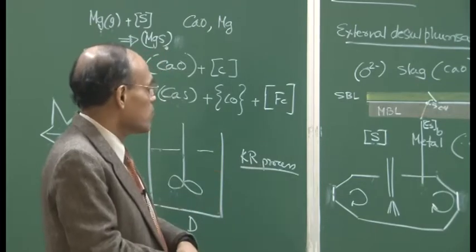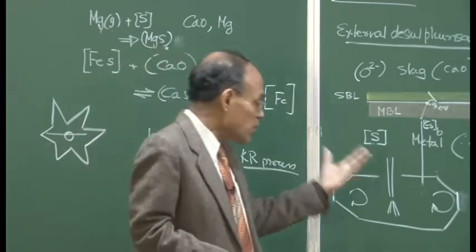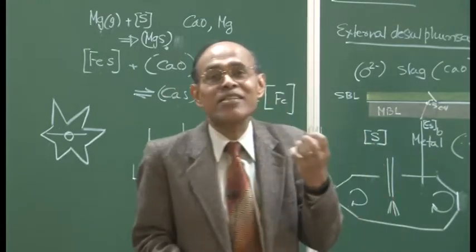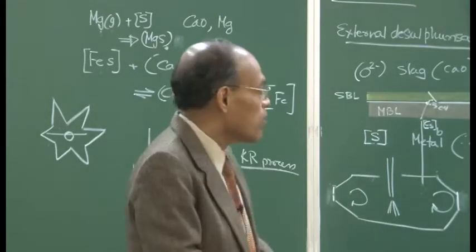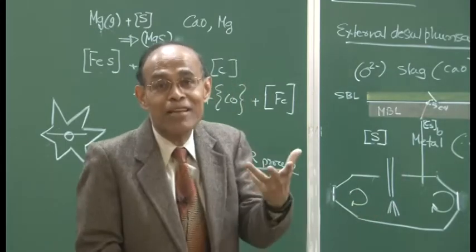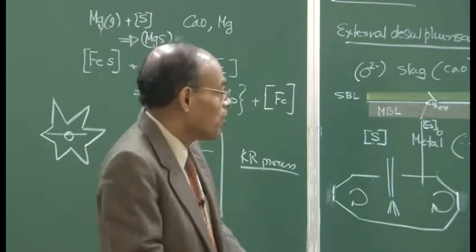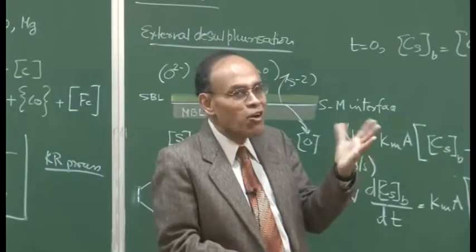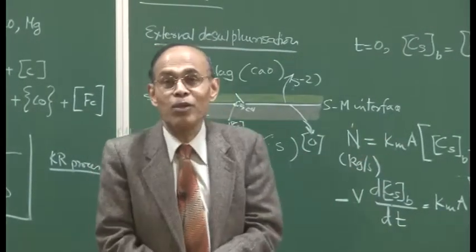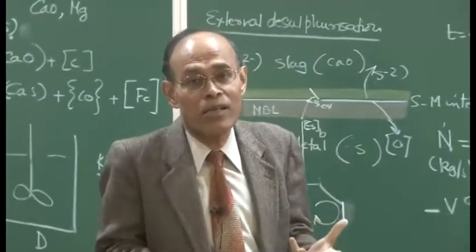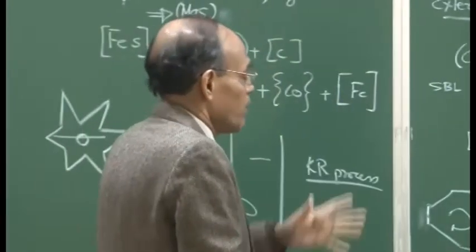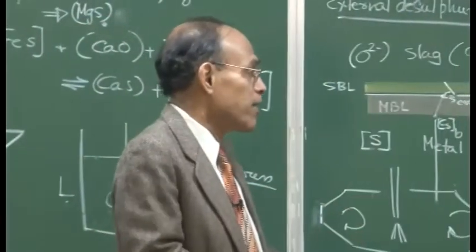Every heat is subjected to desulphurization because we are not able to maximize desulphurization in the blast furnace, and we know that steel making, being an oxidizing environment, cannot give us adequate sulfur removal despite having a very high viscosity. So we are left with no option but to carry out external desulphurization prior to steel making.